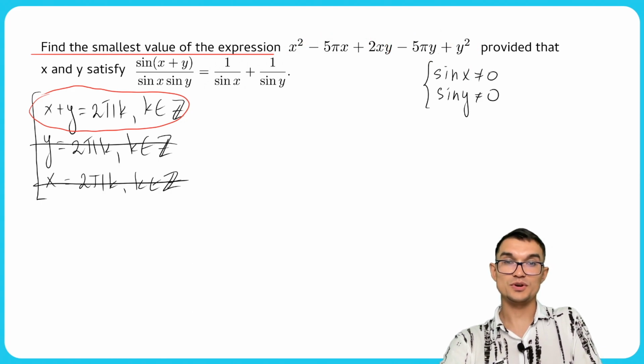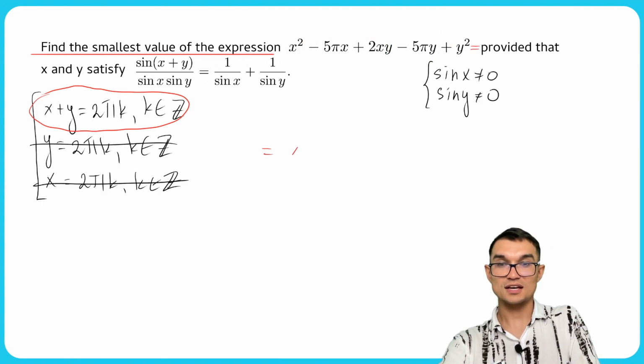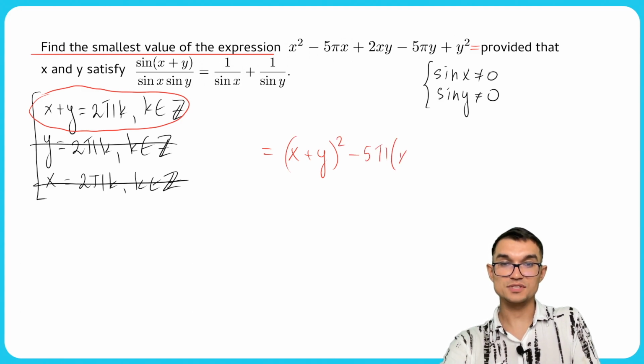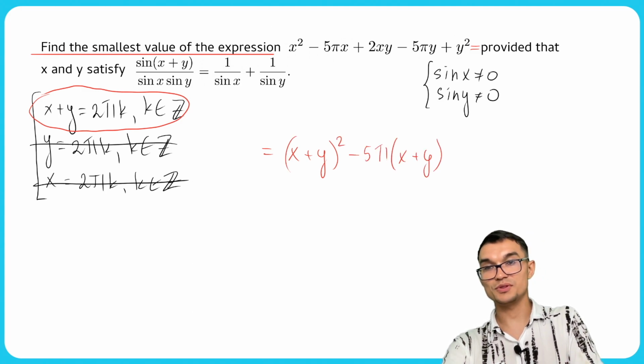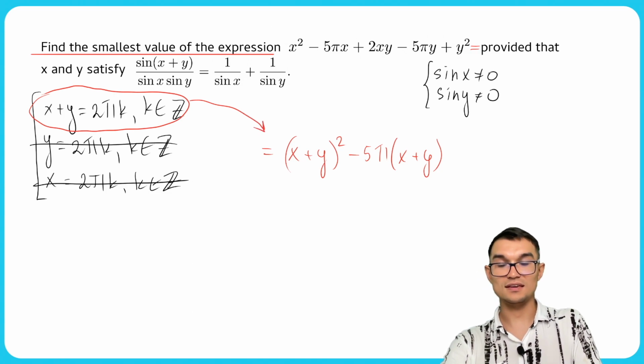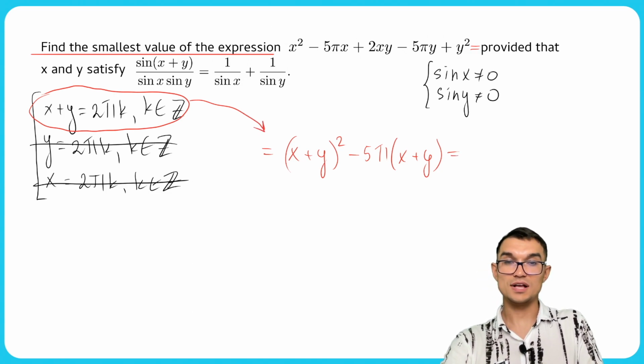So this expression is equal to x plus y squared minus 5 pi times x plus y. We can now just plug x plus y equals 2 pi k in the expression, and we will have 2 pi k squared minus 5 pi times 2 pi k.